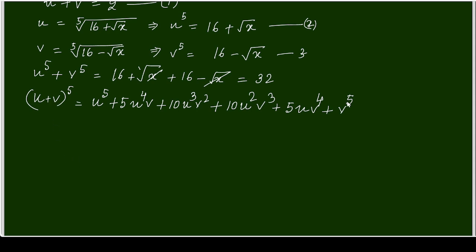And u plus v equals 2, so this is 2 to the power 5, equal to 32.